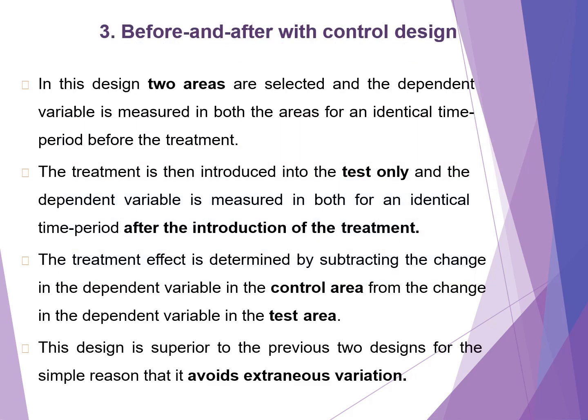And the third method is before and after with control design. As the name suggests, we are going to measure the dependent variable before introduction of the treatment and after introduction of the treatment, and in this design two areas are selected, and the dependent variable is measured in both the areas for an identical period of time before introduction of the treatment, and once the treatment is introduced we are also going to measure the dependent variable after the introduction of the treatment.